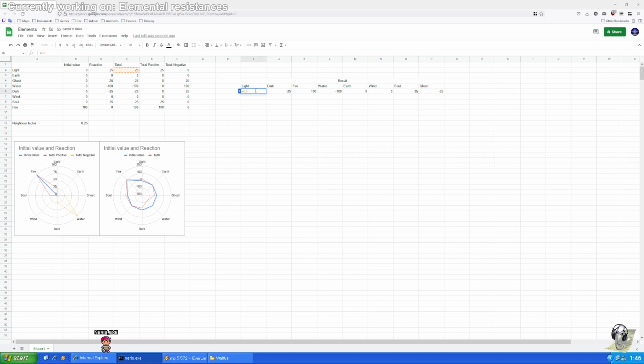Let's double check. Light, dark total, fire total, water total, earth total, wind total, soul total, gust total.